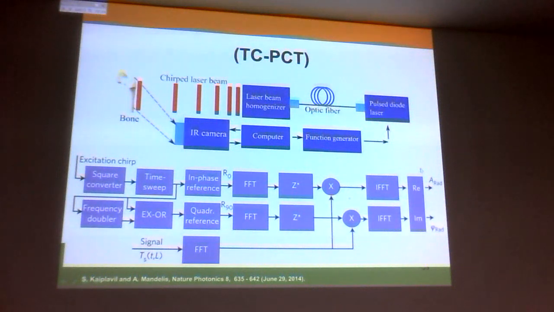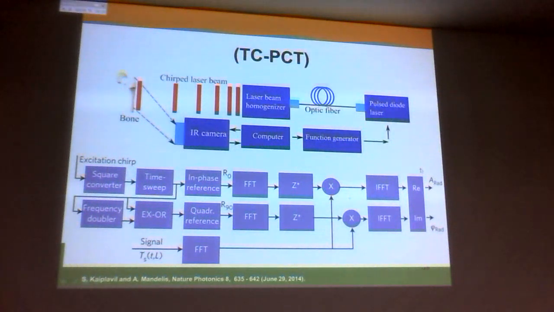It basically has an excitation chirp. It's a square converter. It is important to do that because you have to be able to get the out of phase. The out of phase in this situation cannot be given by the Hilbert transform, as I said before. It has to be done with a logical XOR.